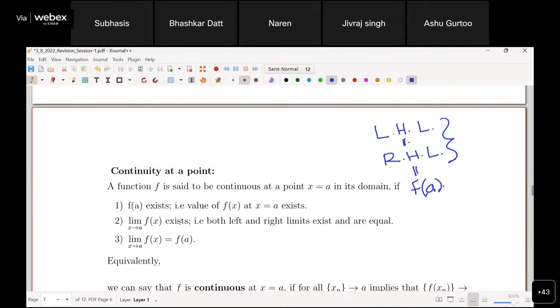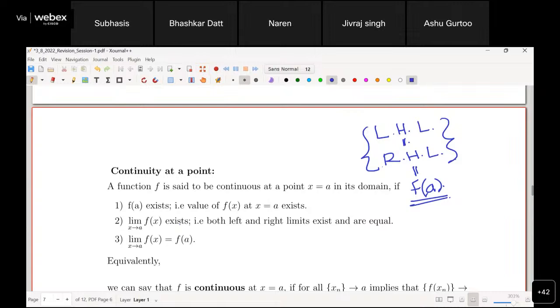So you need to do one extra thing: once the limit exists, you check whether the left hand limit and right hand limit are both equal to f of a. If they are equal to f of a, the function is continuous at that point. If not, the function is not continuous.